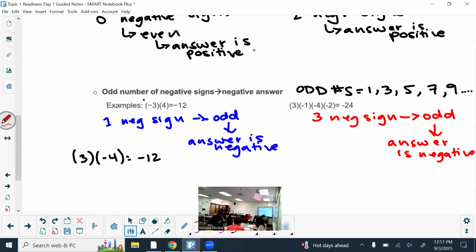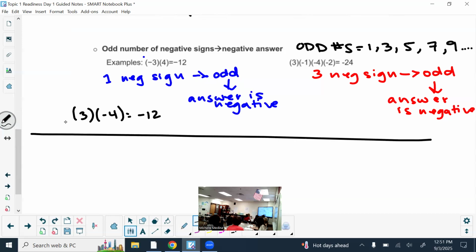If it's an odd amount, put the negative. If it's an even amount, put a positive. But like 3 times 1 is what? 3. 3 times 4 is what? 12. And then 12 times 2 is 24. But since I had an odd number of negative signs, my answer is going to be negative. Questions on that?